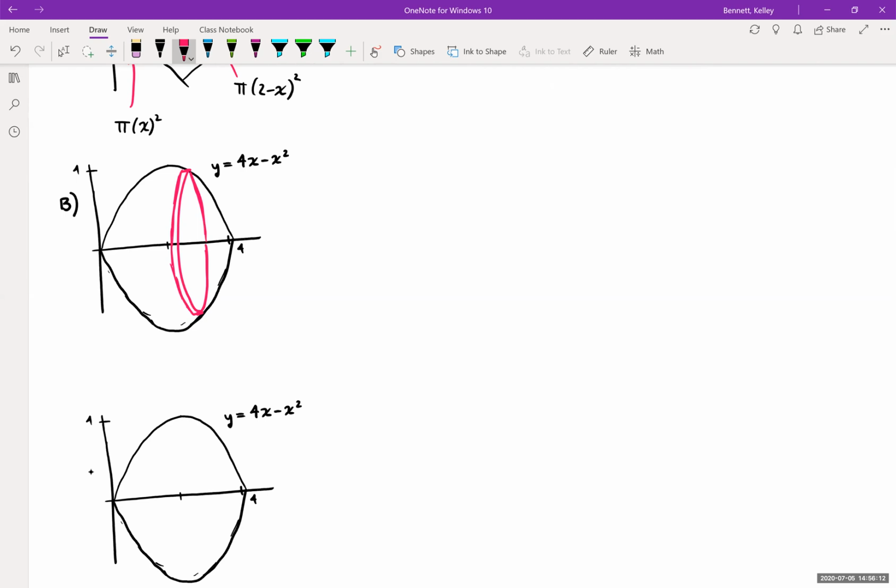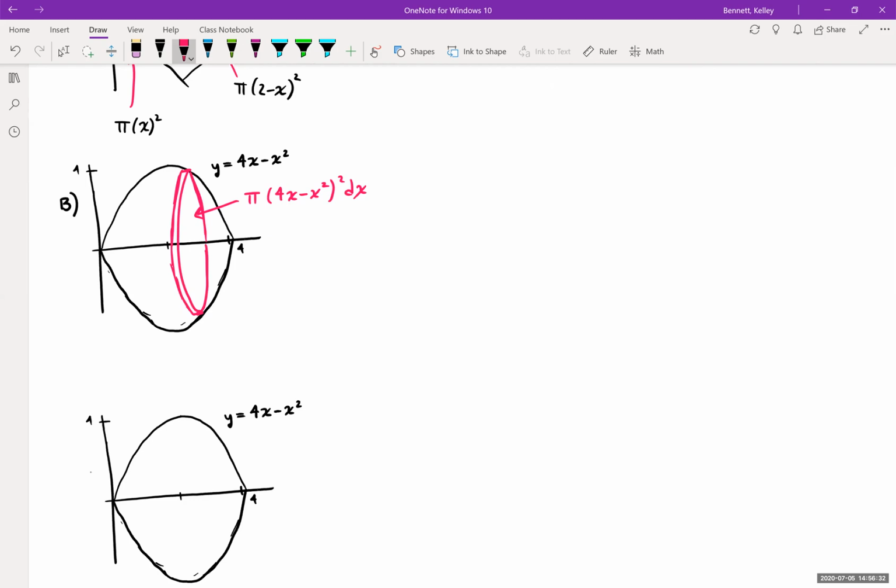So the volume of this washer is just pi r squared, and the radius is just given by y, 4x minus x squared, squared, dx.